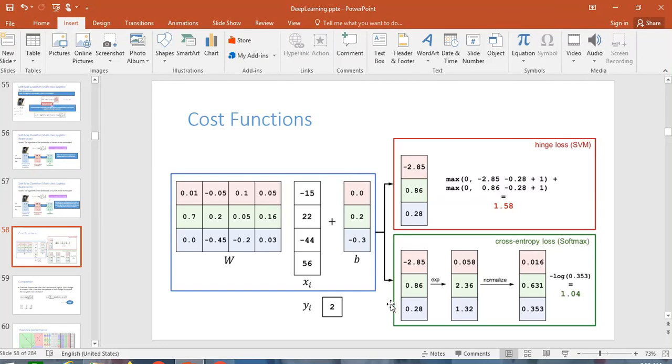It means that both in the first row and in the second row, the loss based on multi-class SVM is 0. It means that as much as the first one is good, the second one is also good, and the third one is also good. It means that they do not see any difference.